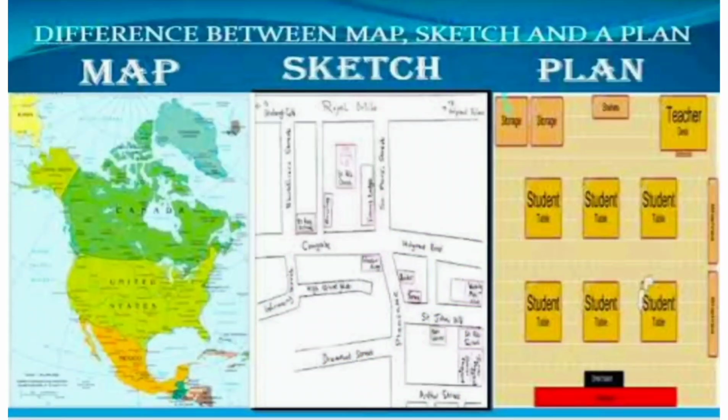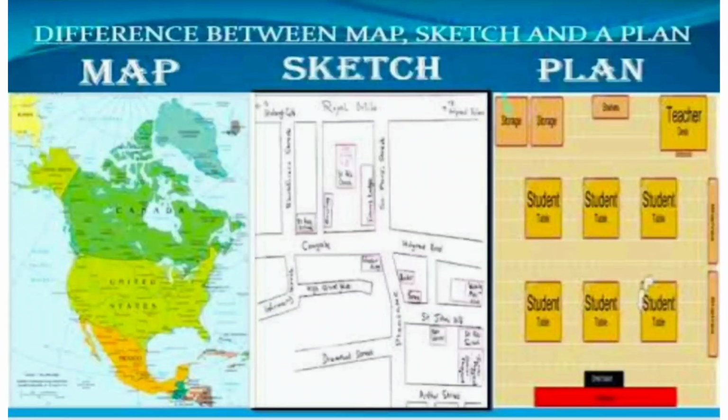Now let's understand the difference between a map, a sketch and a plan. Maps, plans and sketches are alike in one respect. They are drawn to show various objects and features on the ground on a sheet of paper, but each is drawn in a different manner to suit a specific purpose.